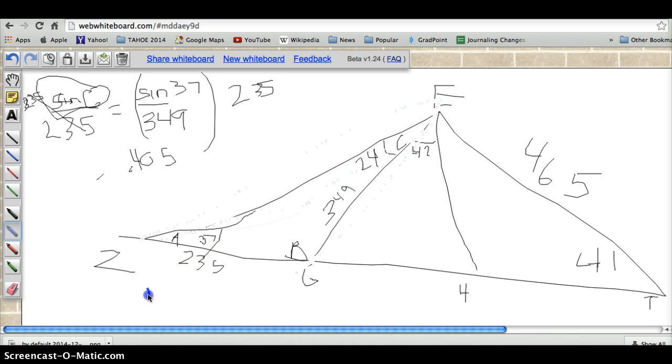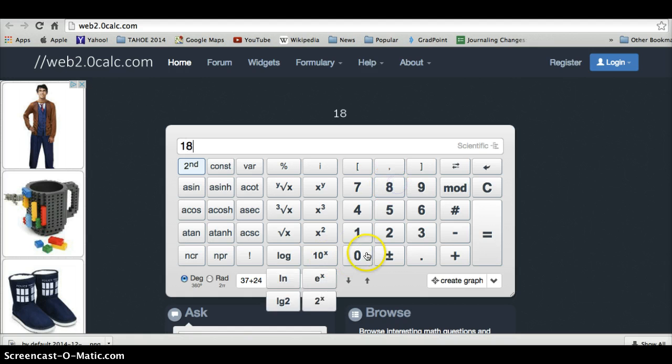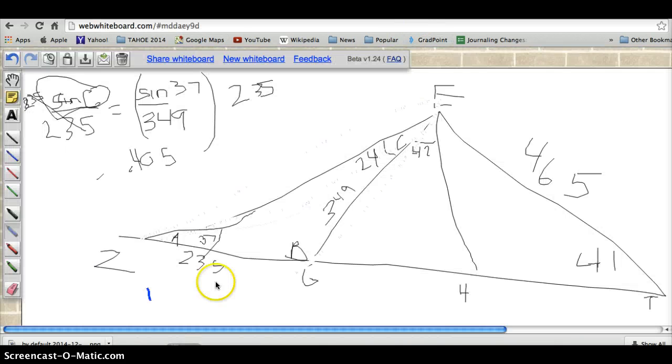So I have 180 equals 37 plus 24 plus some number. So what do we have? 37 plus 24 equals 61, and now we have 180 minus 61, which means this angle here is equal to 119.